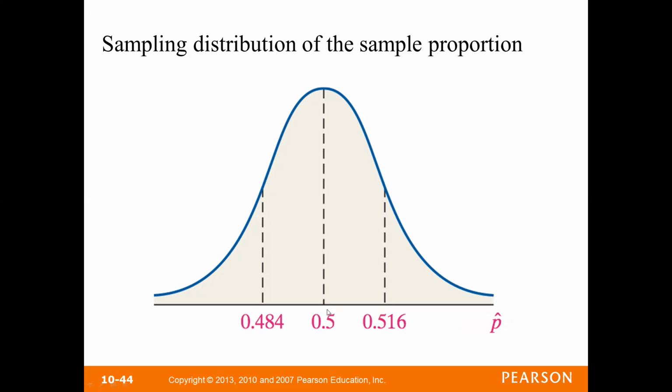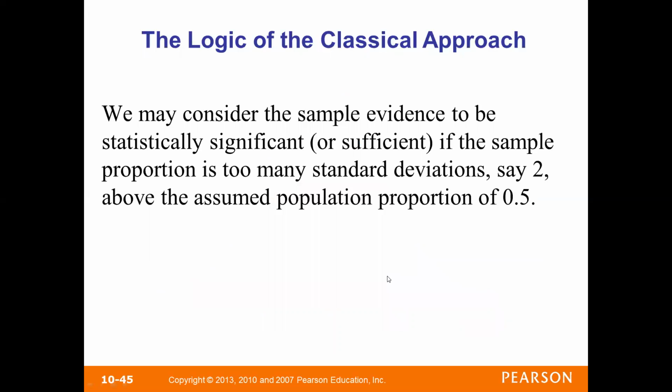We're assuming that 50% of the population wants to ban cell phone use, that's the true proportion. With a standard deviation of 0.016, this is what our normal curve would look like. We know from the normal distribution we talked about earlier, if we're more than 2 standard deviations away from the mean, then we consider that probably a fairly rare occurrence.